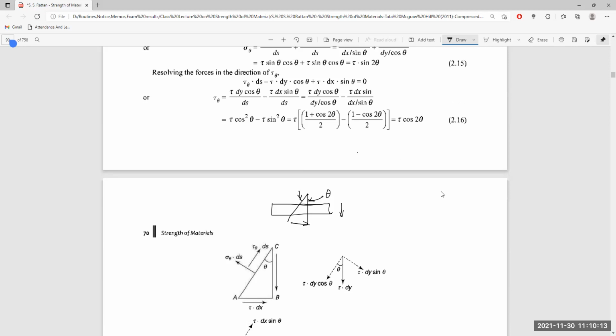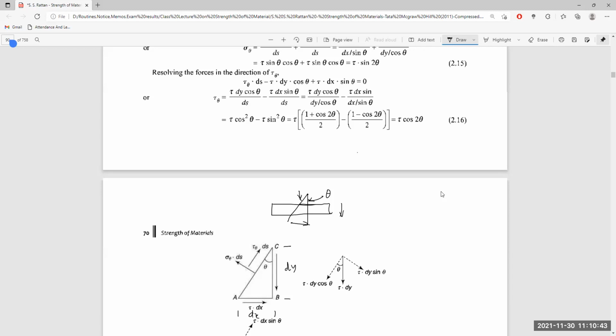This one has length dy, and this one has length dx. Let us find the component of the force tau dy along sigma theta, and the component of the force tau dx along sigma theta.